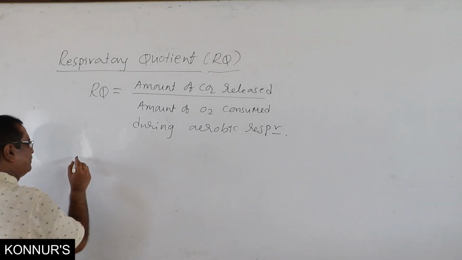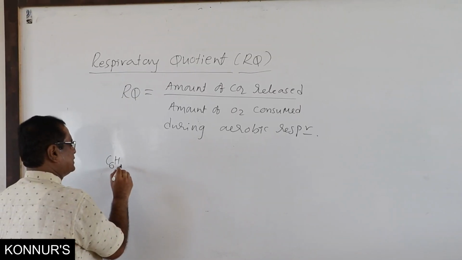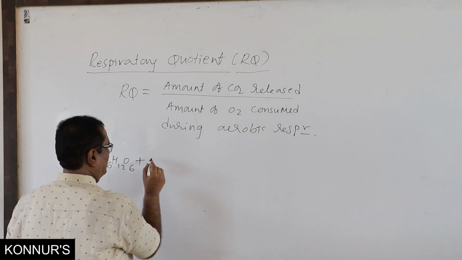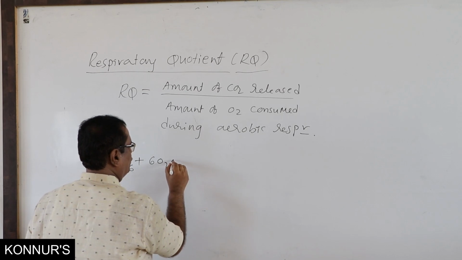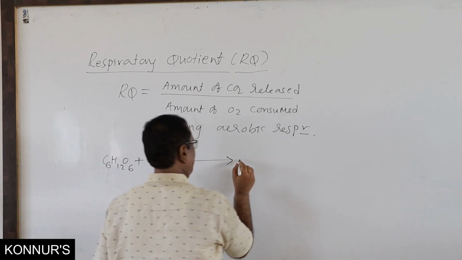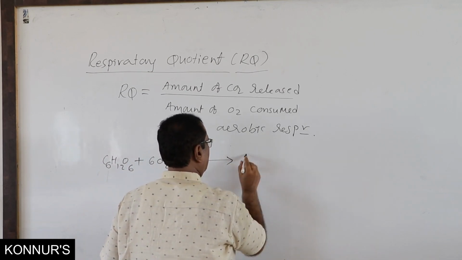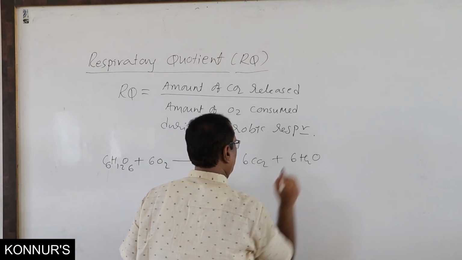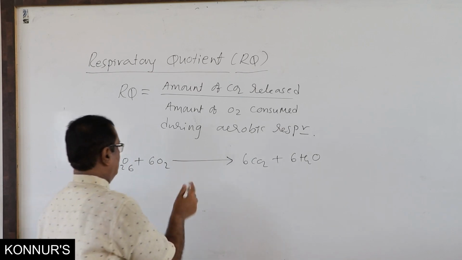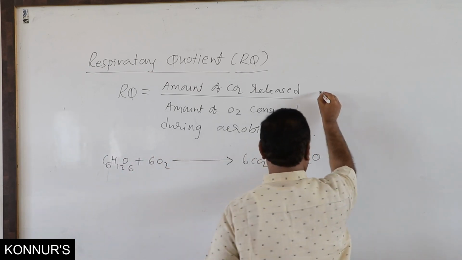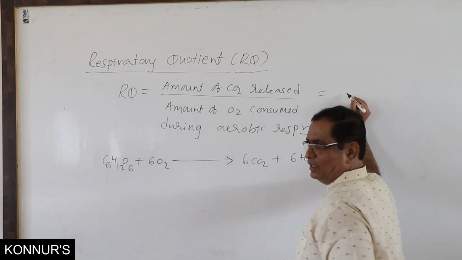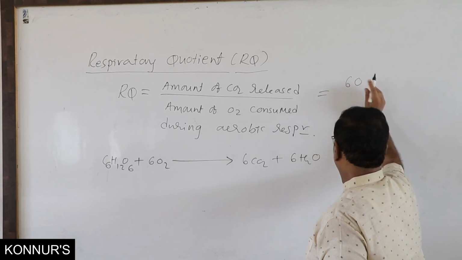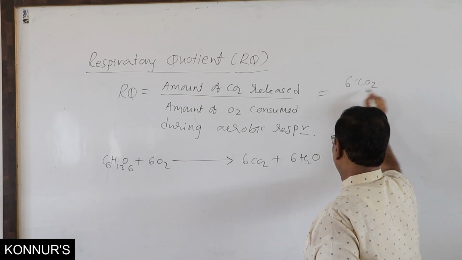Take for example C6H12O6. For this, 6 molecules of O2 are necessary so that 6 molecules of CO2 and 6 molecules of water are formed. Then how much CO2 is released in carbohydrate? 6 molecules of CO2 are released.